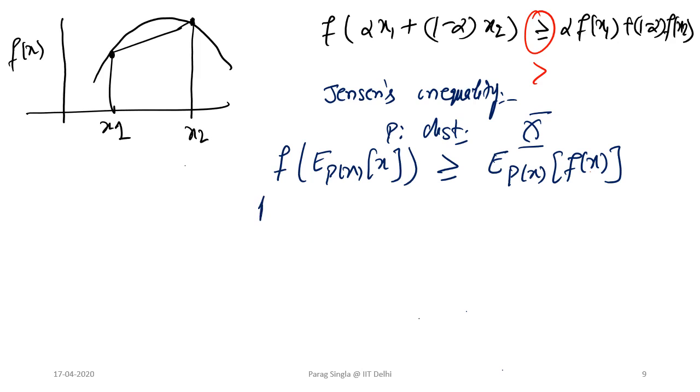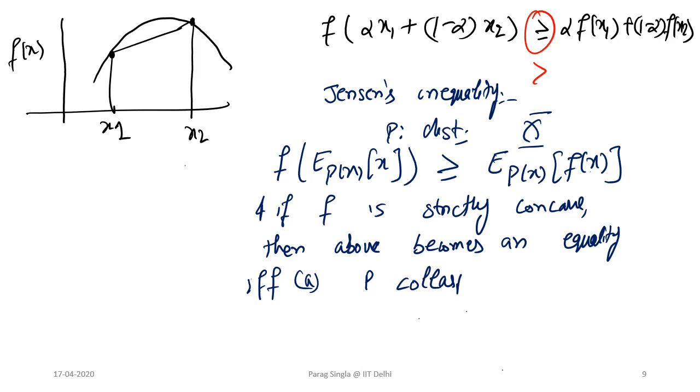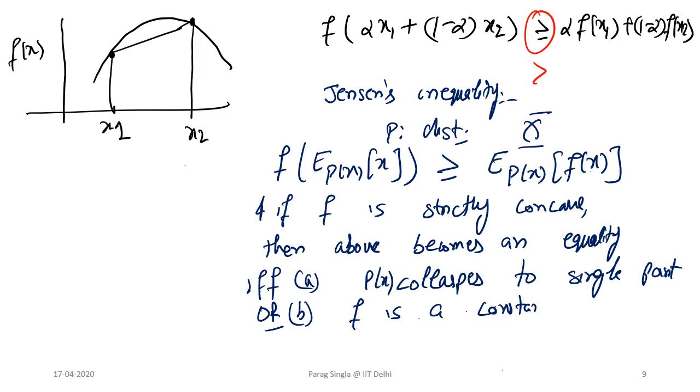If f is strictly concave, then the above becomes an equality if and only if either p collapses to a single point, right, this distribution p of x collapses to a single point, or f is a constant function.